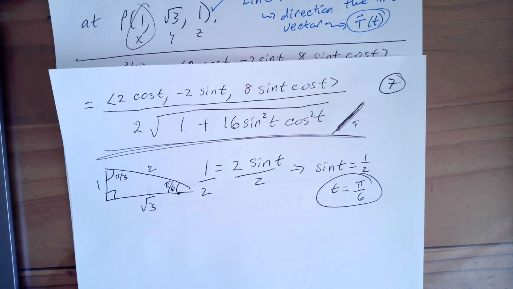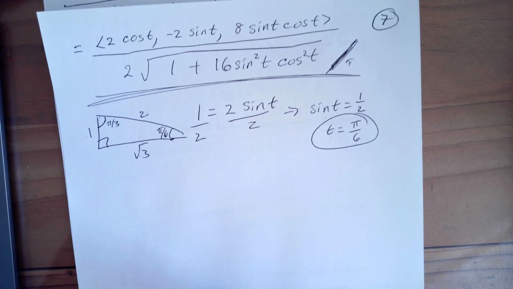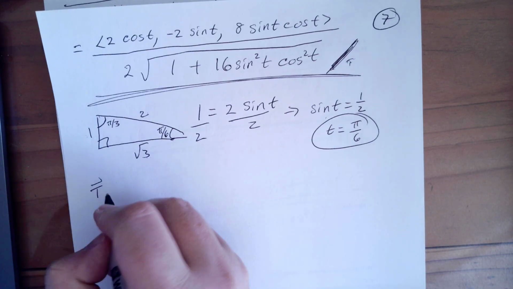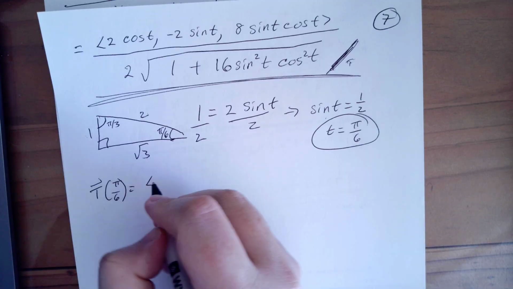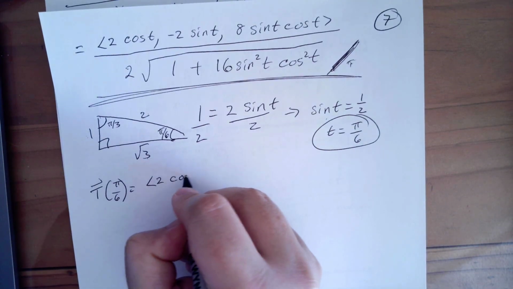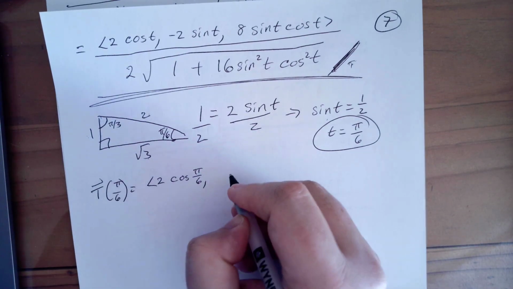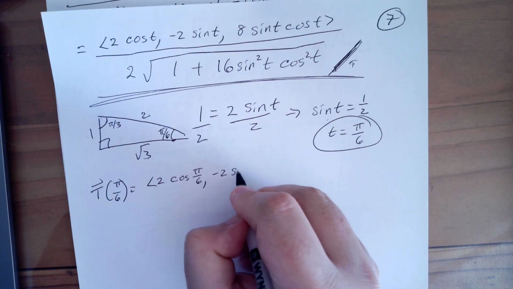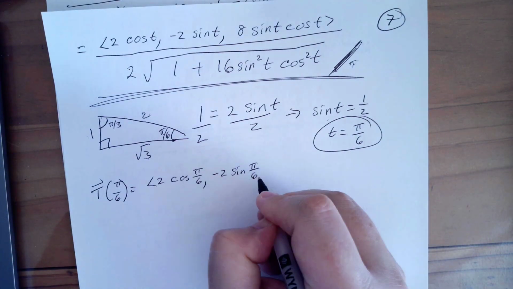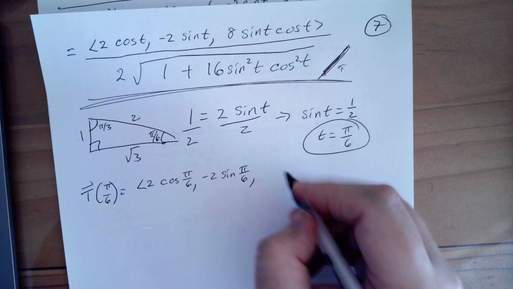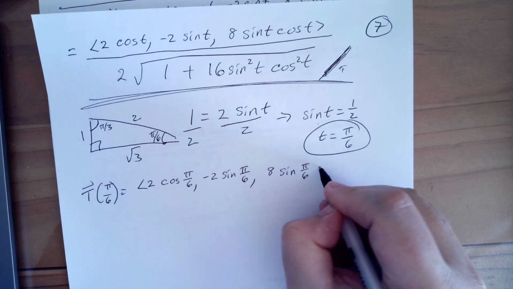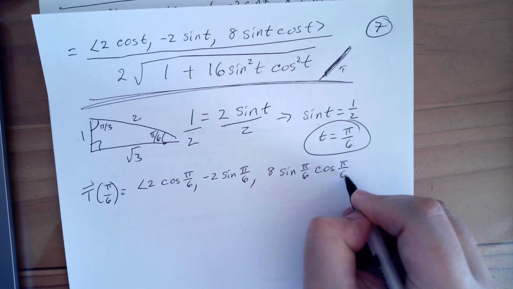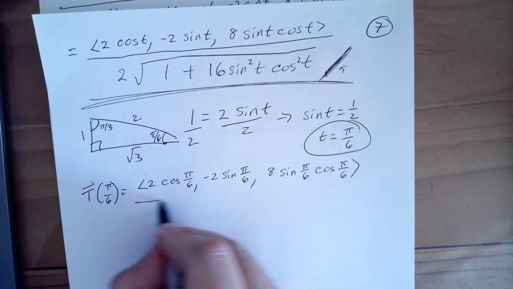Okay, so let's put this in, and let's see how this thing shakes out. So T of pi over 6. Okay, so we'll have 2 cosine pi over 6, comma, negative 2 sine pi over 6, comma, 8 sine pi over 6 cosine pi over 6.